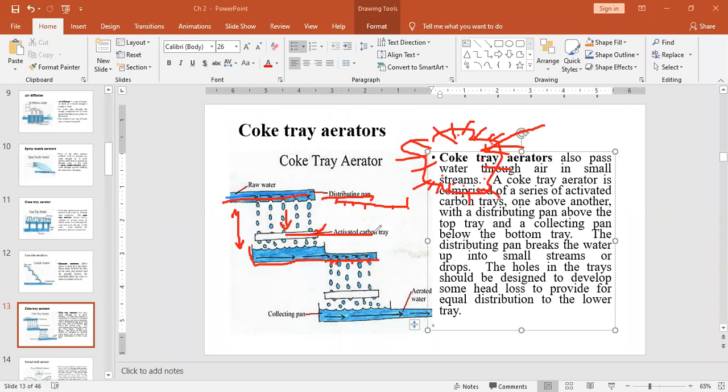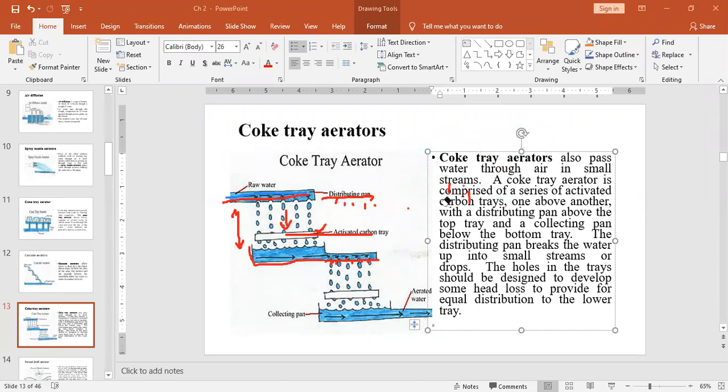So this is an additional, very specific arrangement in a coke tray. If we have very advanced treatment processes, in that case only the coke tray aerator is used, or otherwise commonly the cascade aerator is used for the treatment of water at the water supply system. Understood how it is functioning?